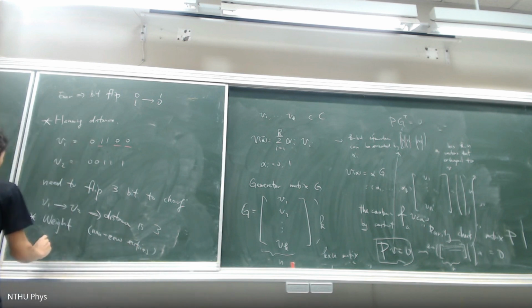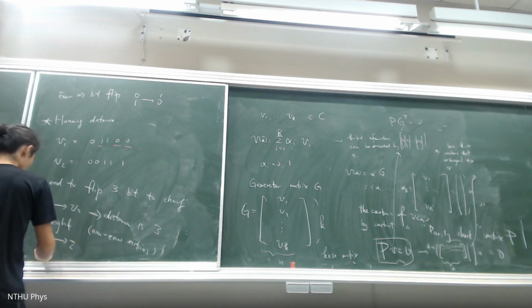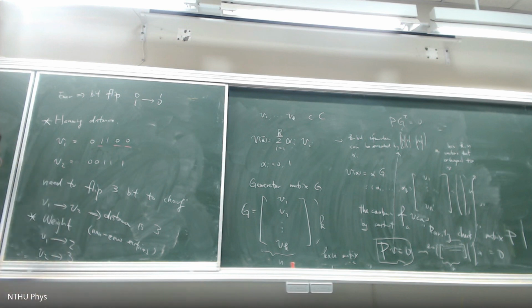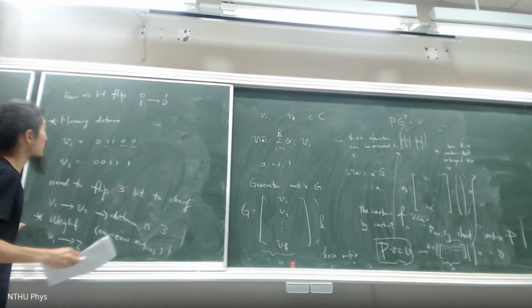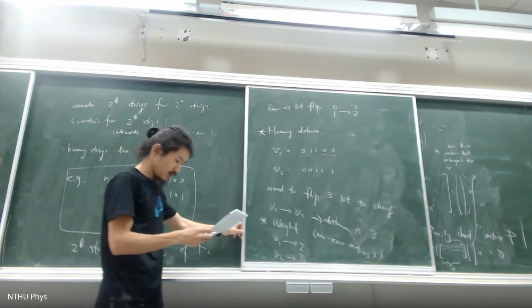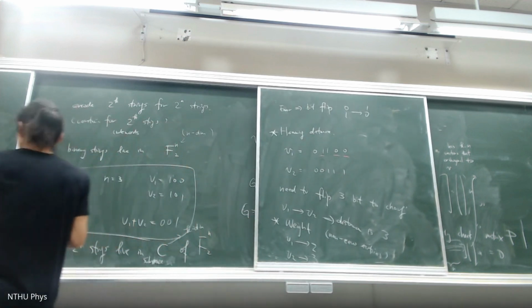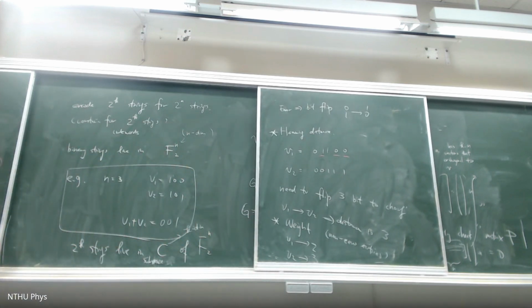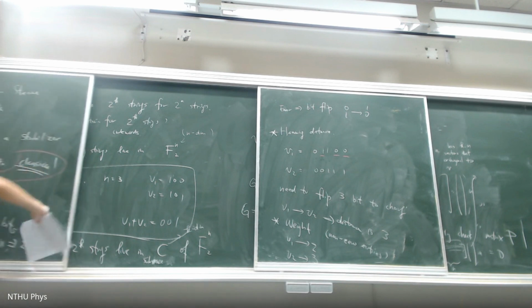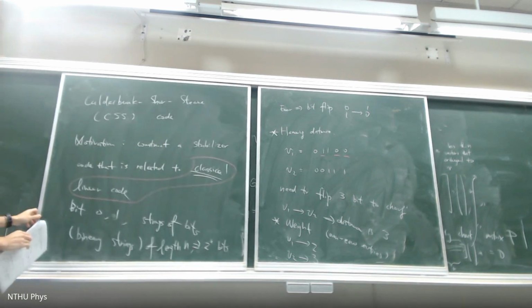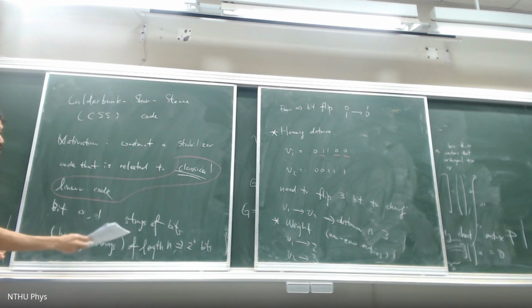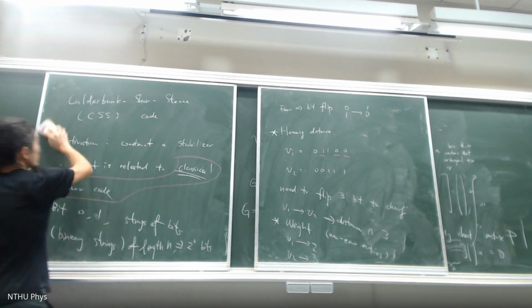Okay, so the weight for V1 will be 2, and the weight for V2 will be 3. Simple definition. So you realize for this binary string, the distance and the weight can basically combine with each other.